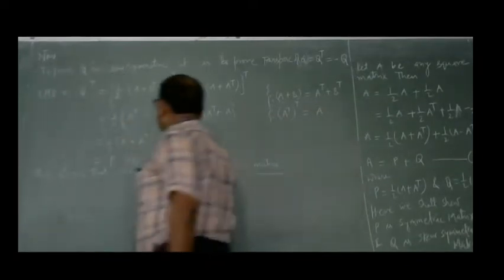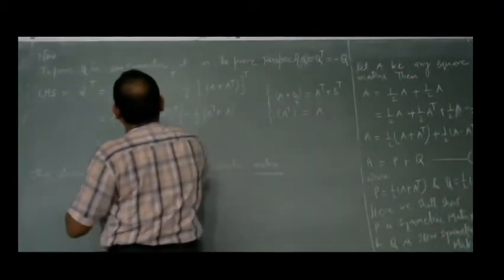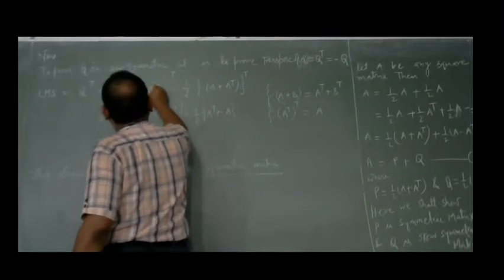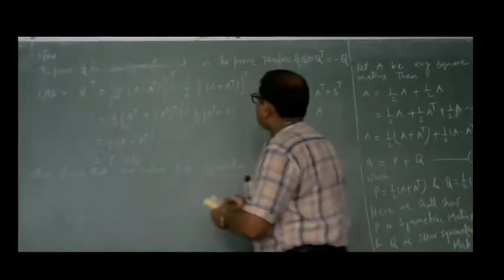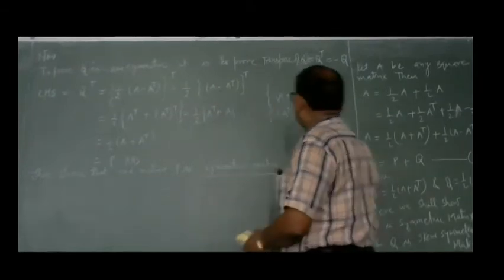What is Q transpose? What is Q? Q is half of A minus A transpose. So here, half of A minus A transpose. Again, the half is taken out, and this is A minus A transpose.